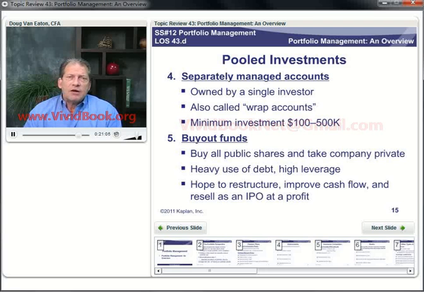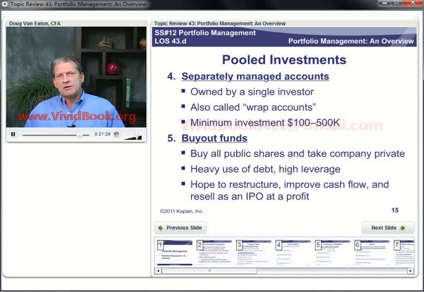Now, buyout funds are pools of investor monies where they take companies private. They buy all the public shares, and then it's not a publicly traded company anymore. You're not under the obligations that the SEC or the securities regulators in whatever country you're in put on publicly traded shares.